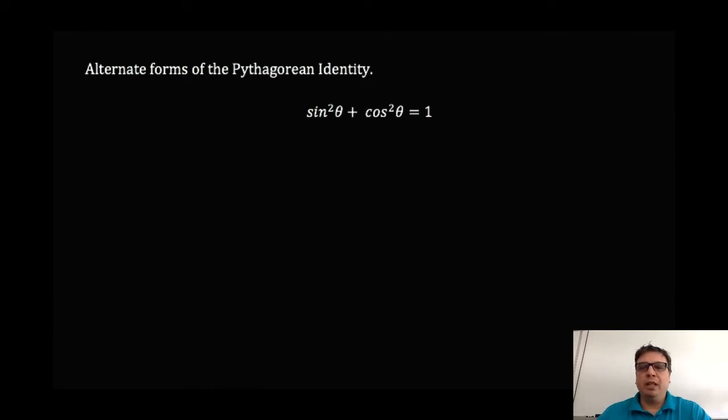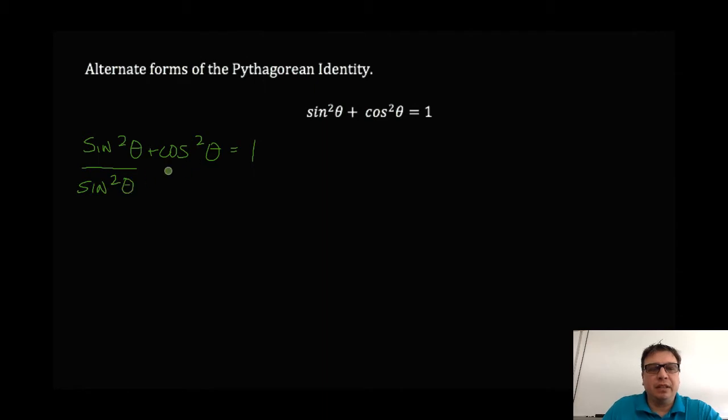So we can go through and come up with alternative forms to this. The first one that we can do is, all right, so I have my sine squared theta plus cosine squared theta equals 1. And if I decide to divide every single thing by sine squared theta, and again, all we're doing is just coming up with alternate forms.